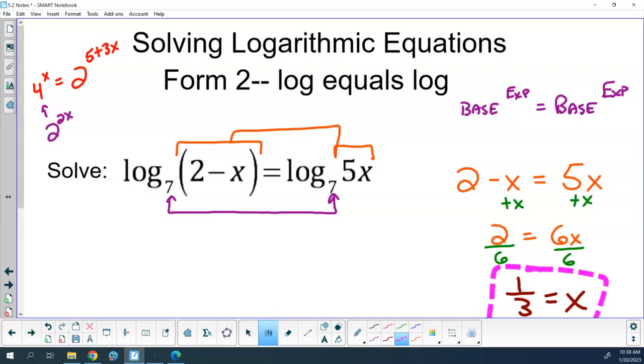In logs, if the bases aren't the same, you're done. In exponentials, you can possibly get it so that the bases are the same, using your exponent rules that we went over last semester.